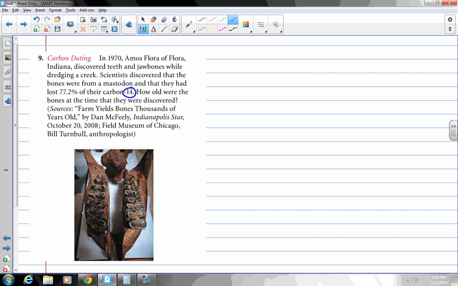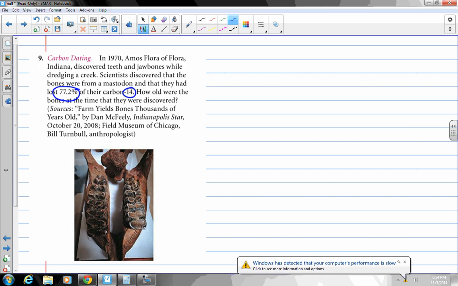But when things cease to be alive, I believe the amount of carbon-14 drops while carbon-12 remains the same. Then they just look at the change in the ratio, so they'll know by what percentage it changed. So the problem tells us the percentage of carbon-14 went down by 77.2. So we lost 77.2% of carbon-14.